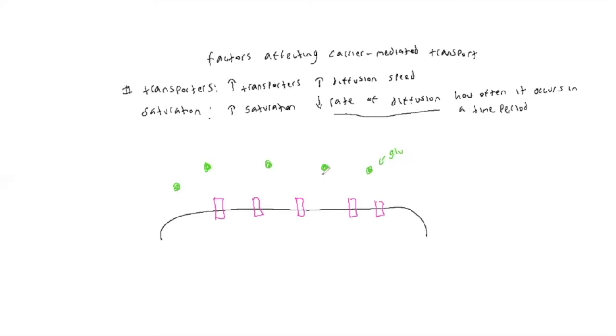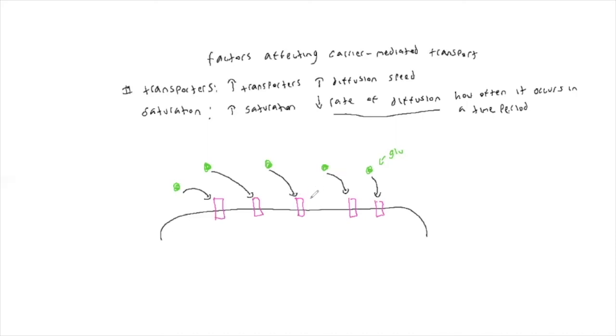So what we see here is that if all of these GLUT transporters are saturated, meaning they're occupied, what that means is that the rate of diffusion is not going to be able to increase. So we'll say that here we have 5 GLUT transporters.